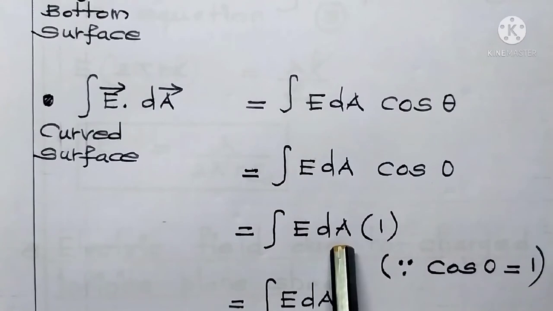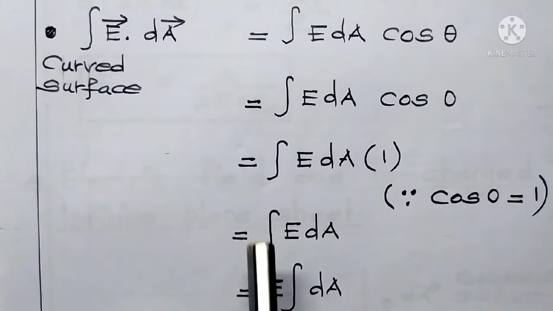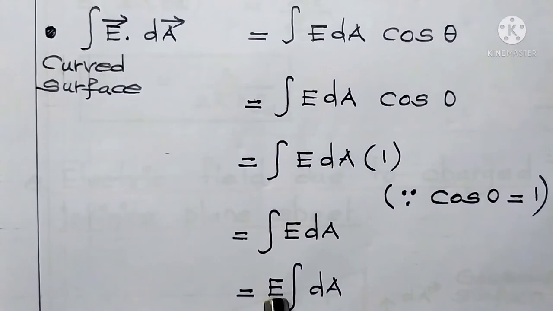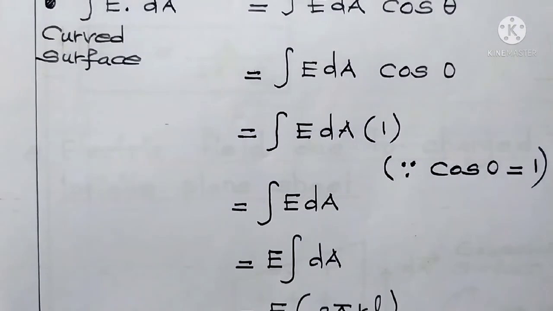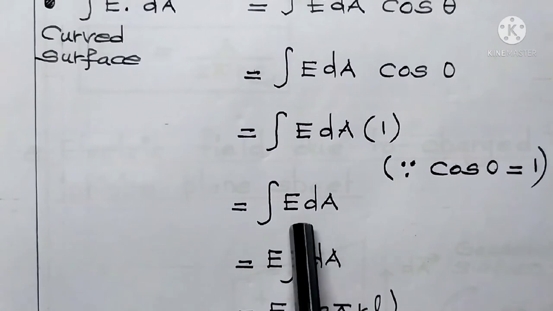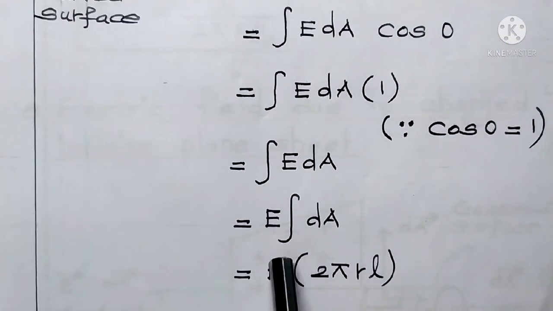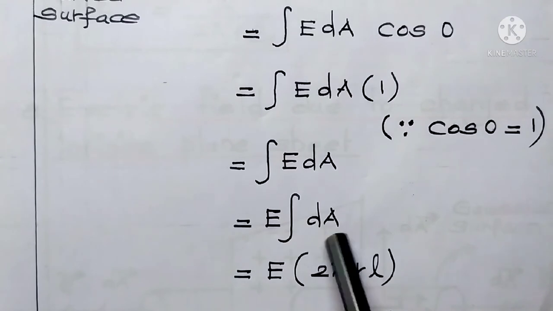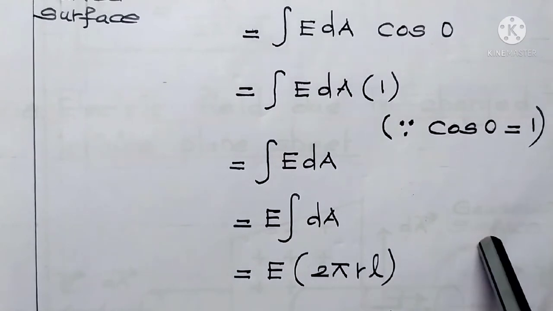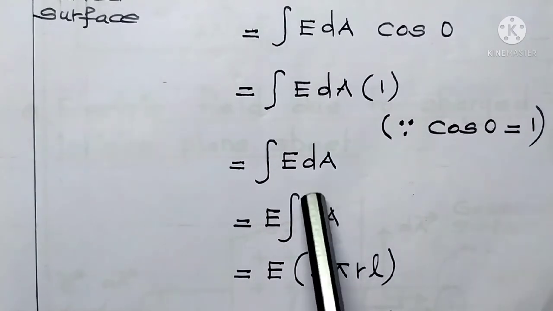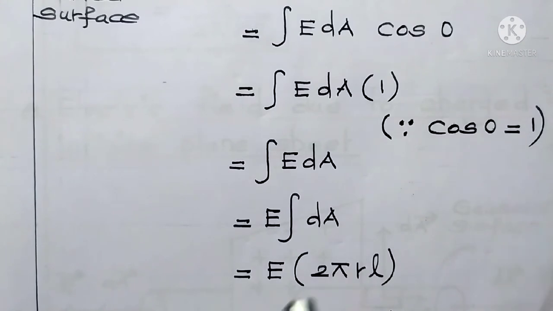So the integral of E dA into 1 is equal to the integral of E dA. Here this electric field E is constant, so let us take it out and integrate only the term dA. When we integrate dA, we will get A, the area. Integration is nothing but going from smaller to bigger, so when we integrate a smaller area, we will get the whole area.